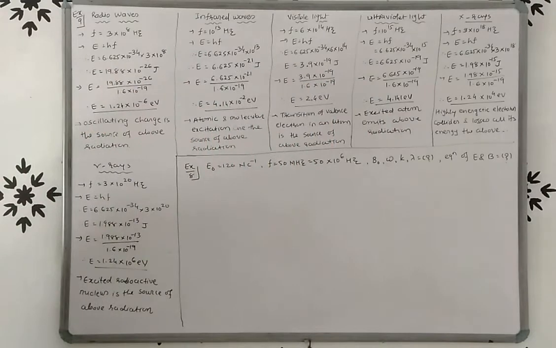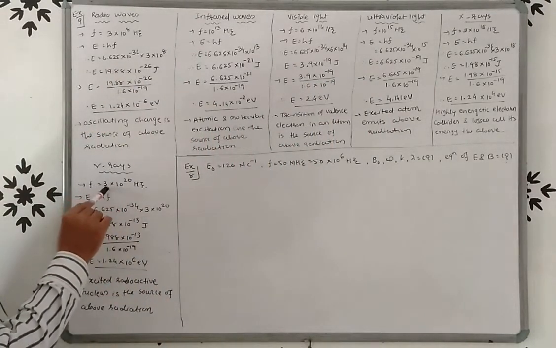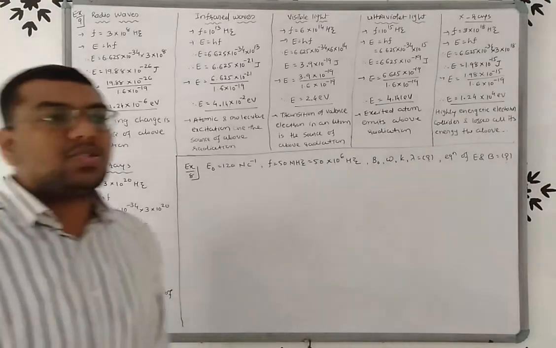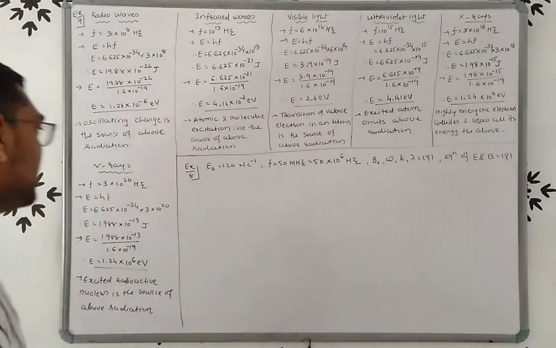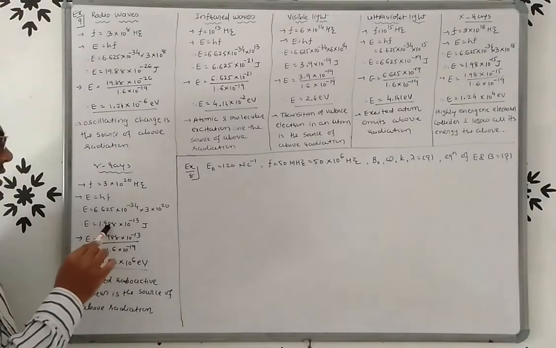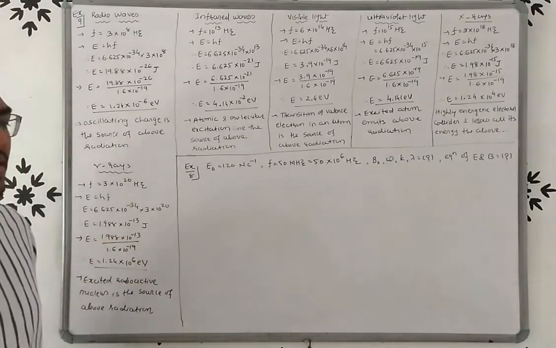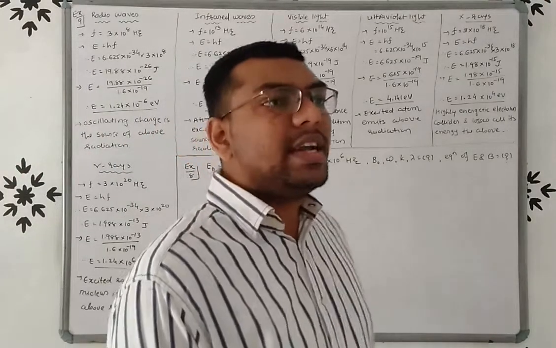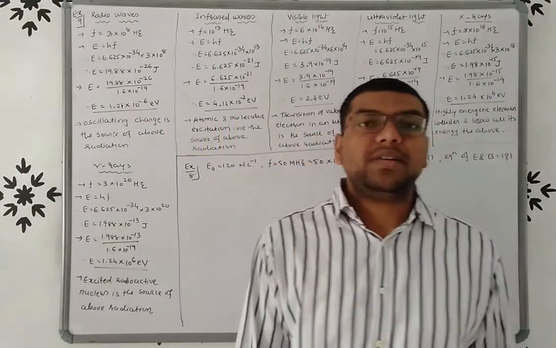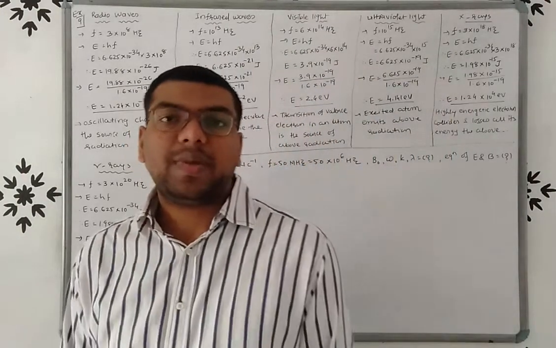Then gamma rays, the frequency is 3 × 10^20 hertz. So energy is equal to hf. So energy of this gamma ray is 1.988 × 10^-13 joule. To convert it into eV, divide it by 1.6 × 10^-19.